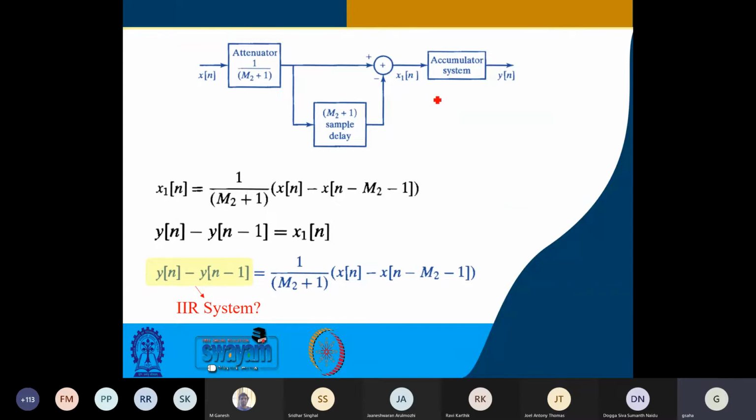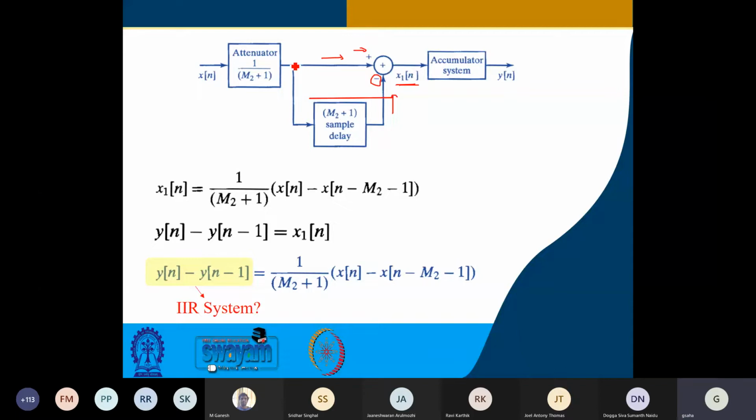So first you are looking at x1[n]. It has two paths, this path and this path. As I have already told earlier, there is a negative sign here, so whatever is coming through this path has to be subtracted from whatever is coming through the other path to generate x1[n].